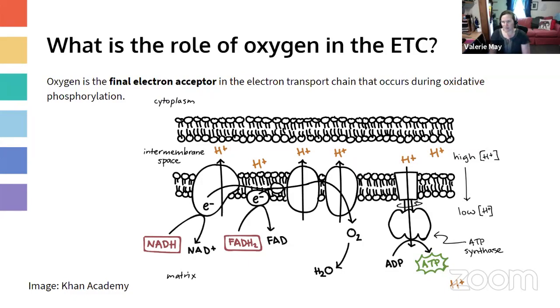And that's come up in some questions of, what's going to happen to the level of oxygen consumption if, and then they give you a scenario. And if there's no oxygen there, there's nothing to take the electrons, and so NADH and FADH2 can't be oxidized. Yep. And then that's where you're going to go into the fermentation side of things.